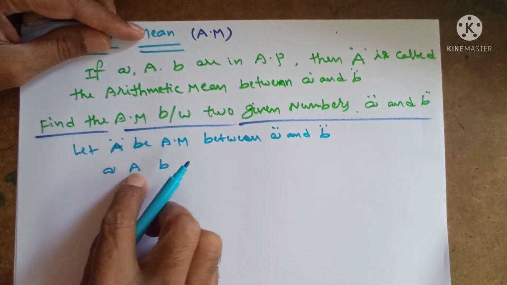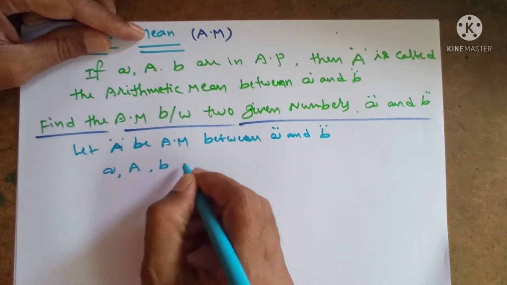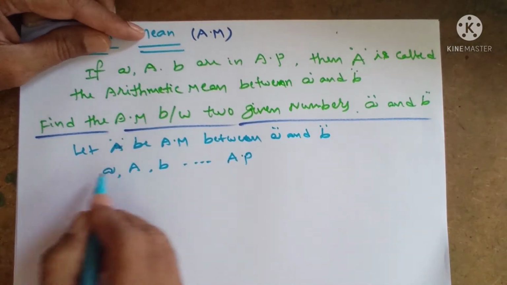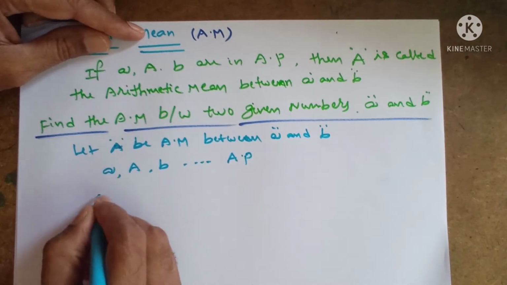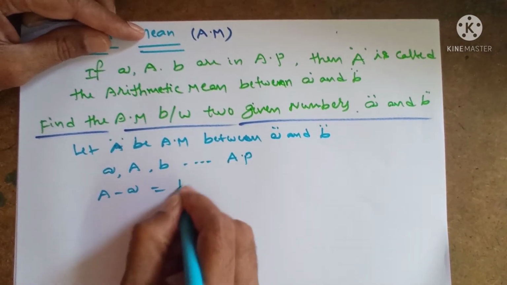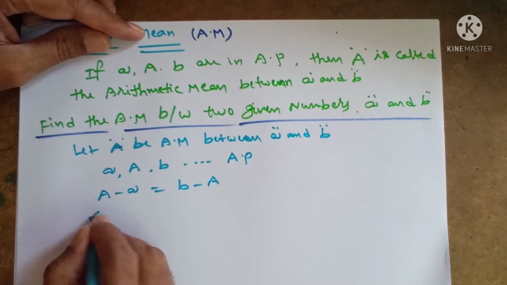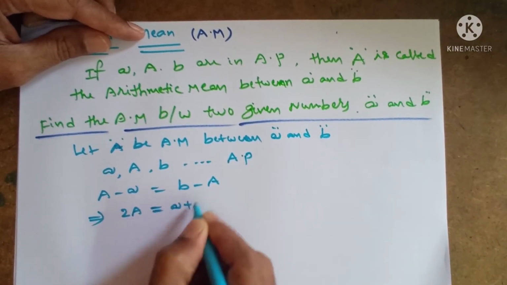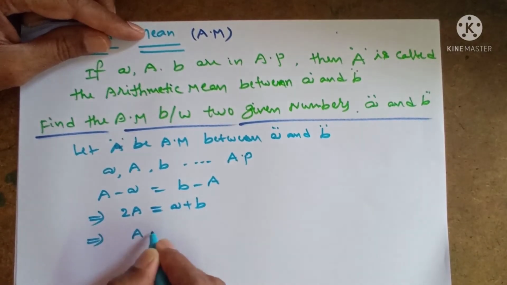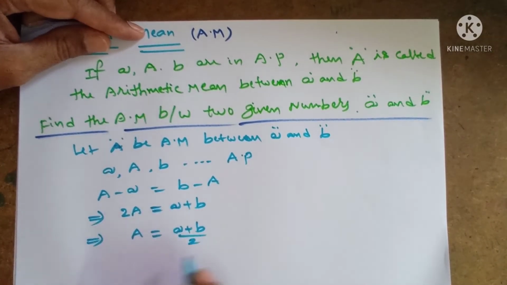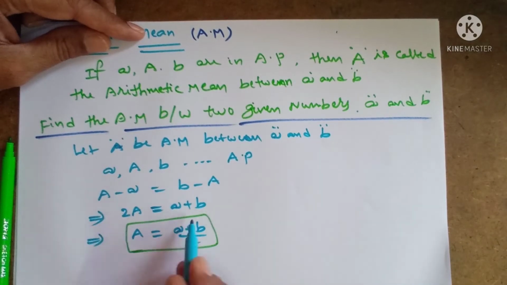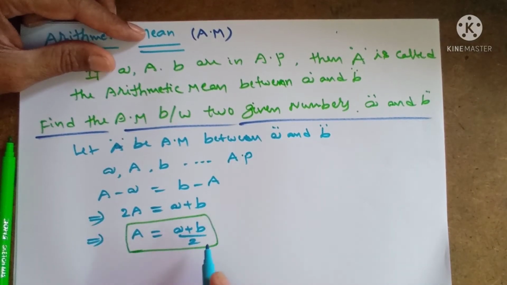Then a, A, b are in AP. That means common difference are equal. T2 minus T1, A minus a is equal to b minus A. That implies 2A is equal to a plus b. A is equal to a plus b by 2. So arithmetic mean between two numbers is equal to half of their sum.